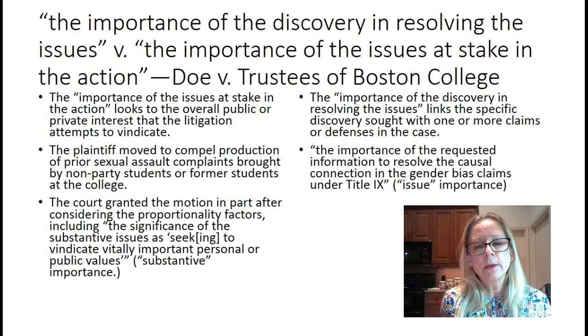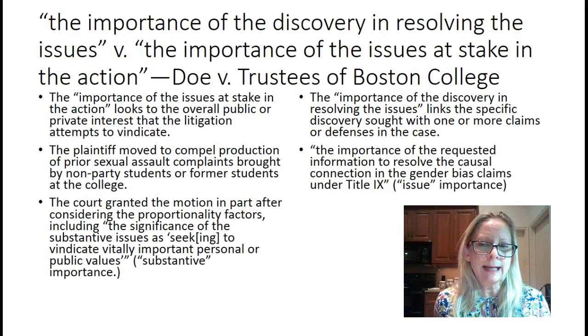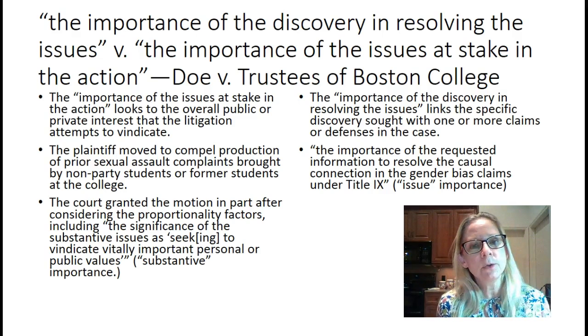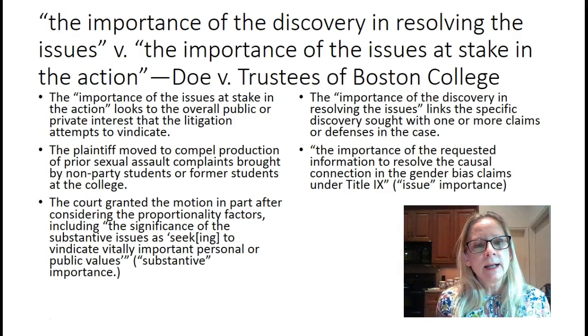And so the information that he sought in discovery were prior sexual assault claims brought by non-party students or former students at the college. So he wanted to compare how the university had handled those complaints versus how it handled the complaint against him. And so looking at the first factor, the importance of the issues at stake in the action, that looks to the overall public or private interest that the litigation attempts to vindicate.